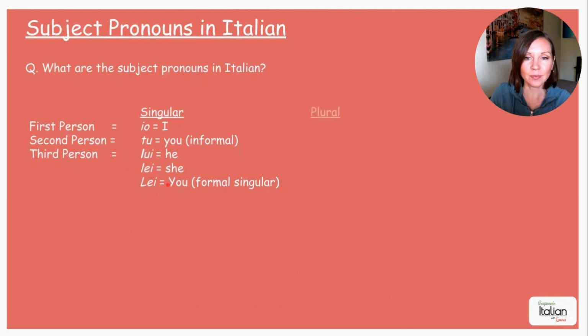In the plural, we have noi, meaning we, voi, meaning you all, you plural, loro, meaning they, and we also have Loro in the formal plural. Okay, you can tell because it's capitalized, just like over here.